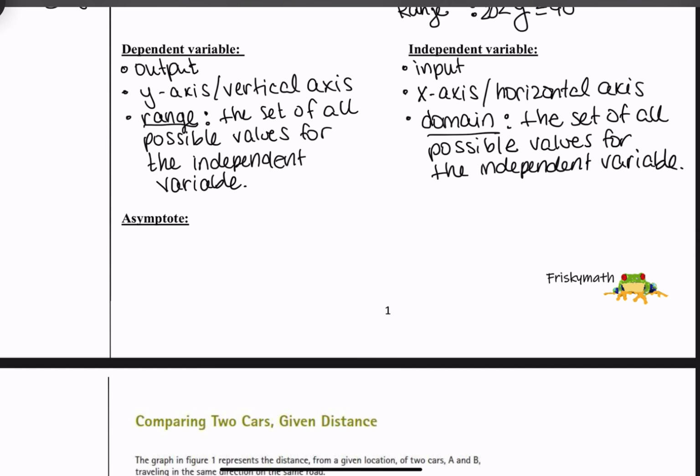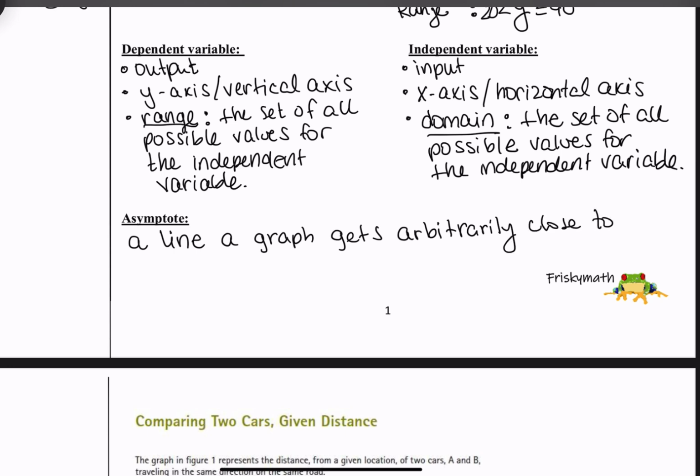So let's define asymptote, and we'll define it in terms of what we know about asymptotes right now. Later on, it's going to get a little bit more complicated. But right now, we know that an asymptote is a line that a graph gets arbitrarily close to, but never touches.